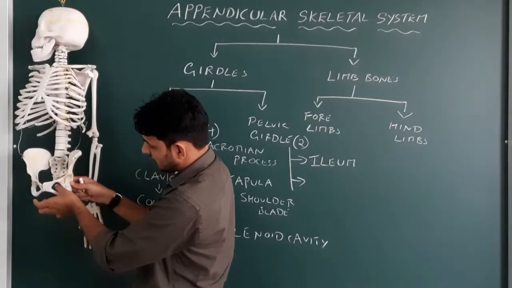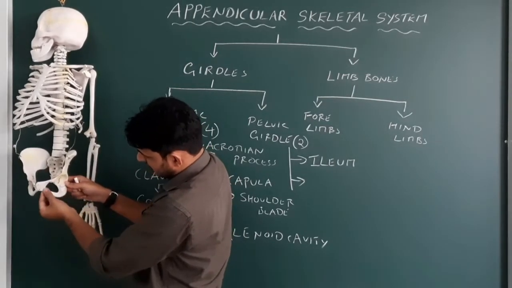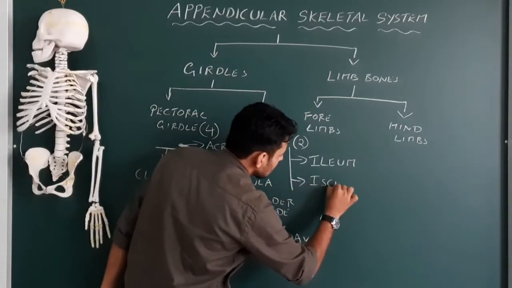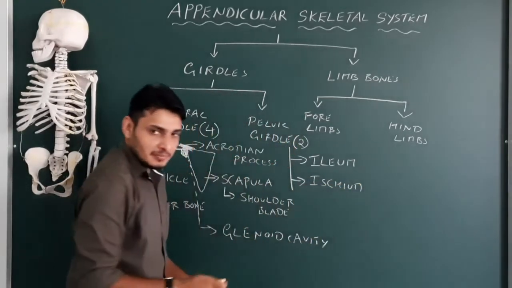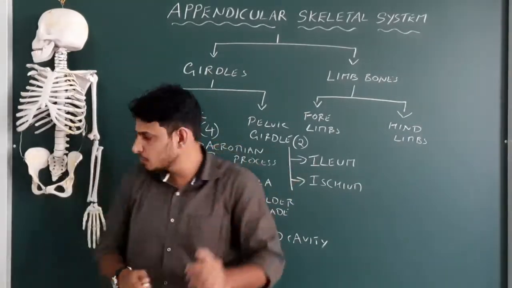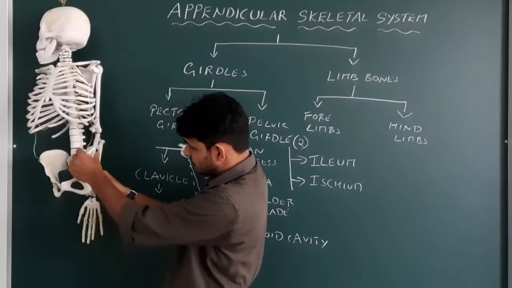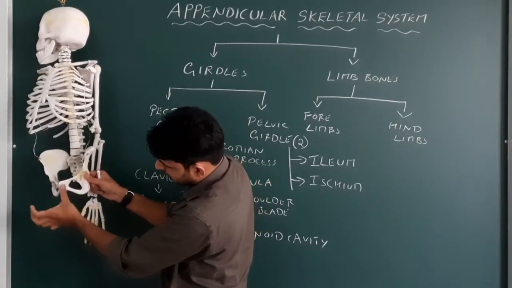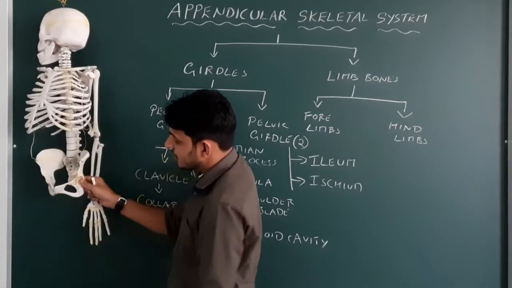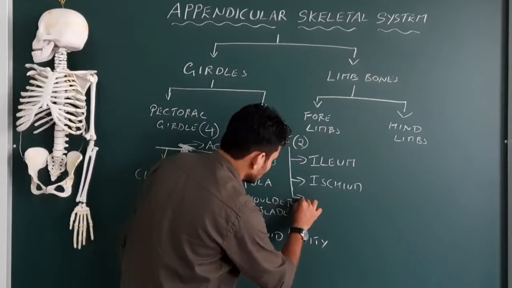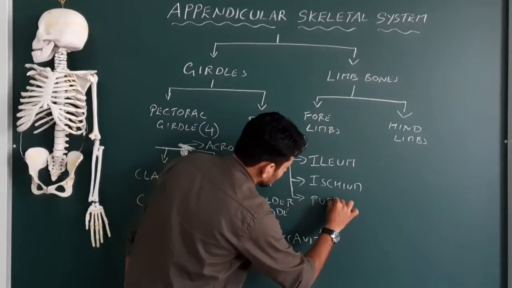This structure is called the ischium. The ilium is the large portion of the pelvic girdle. The ischium is situated just below the ilium. So if this is the ilium and this is the ischium, this structure you could see here is called the pubis. Let me write the pubic bone. So that is called the pubis.